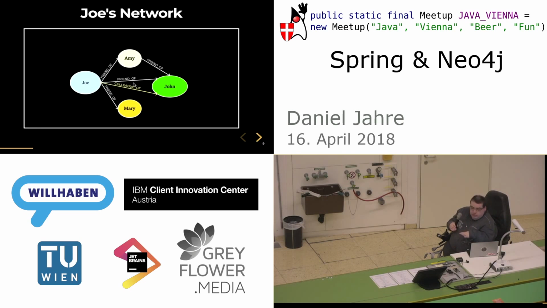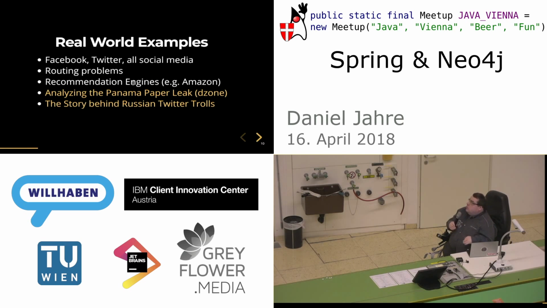But this is a very simple example. I mean, we also have real-world examples. Facebook is calling it the social graph. Maybe you've heard of that. And Twitter and all social media have that model behind their services. We are also using graphs for routing problems.